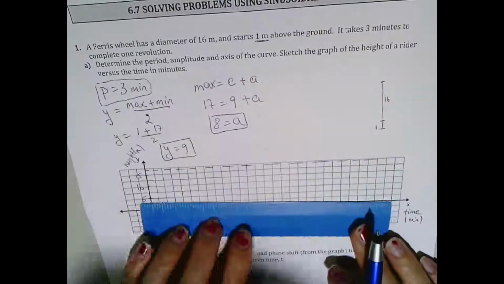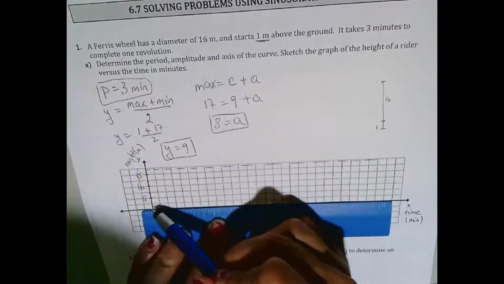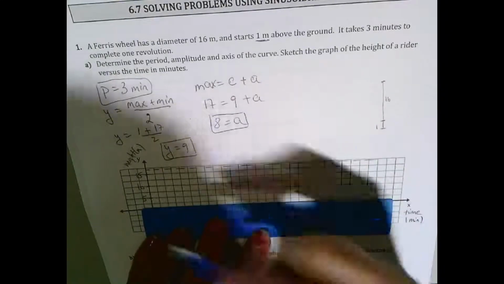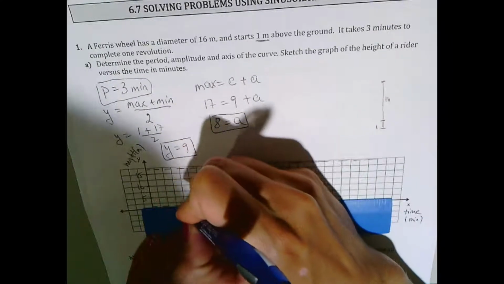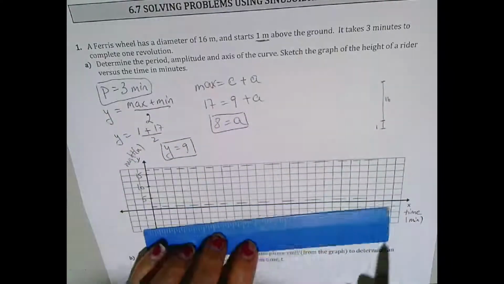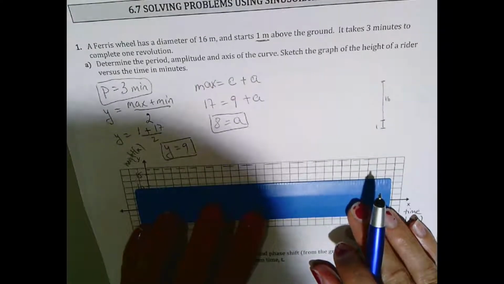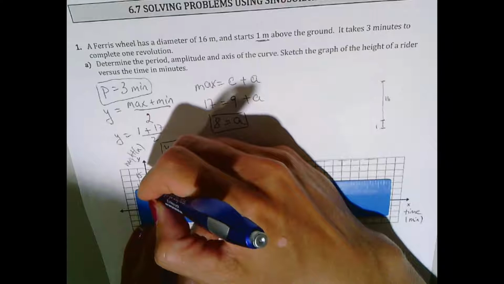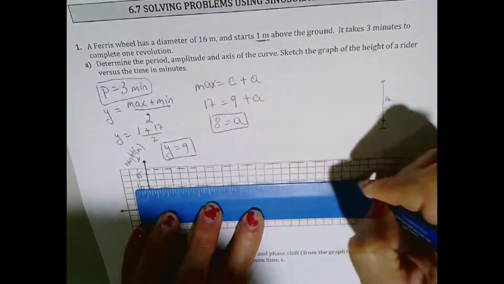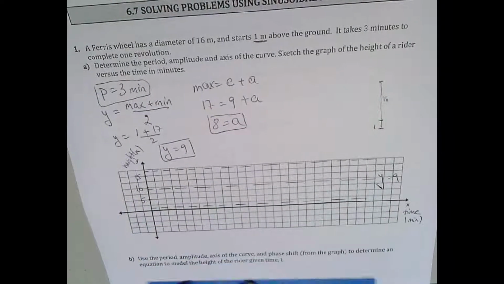This is my max. My minimum will be 1, so this is 2.5, which means 1 will be a little bit less than halfway through. This will be my minimum. And my equation of the axis is below 10, which is right here. So these are the 3 lines that we start with.